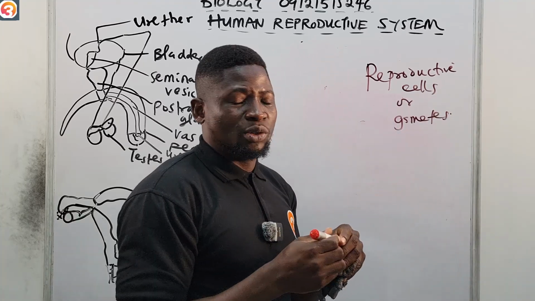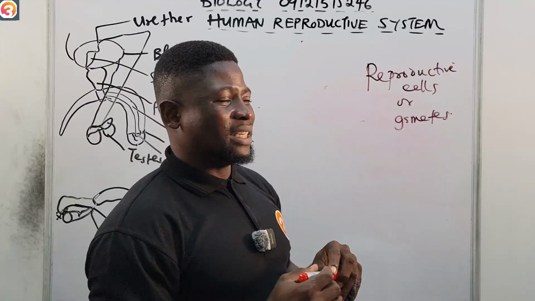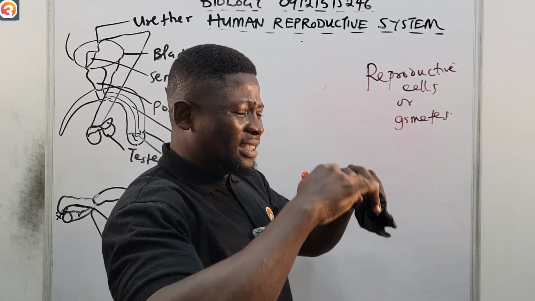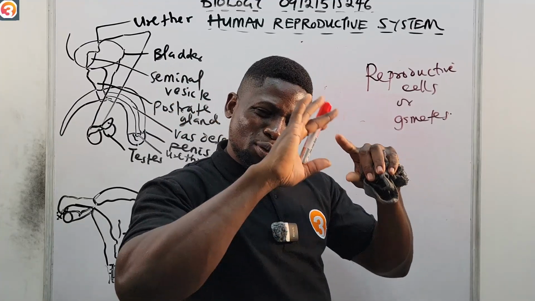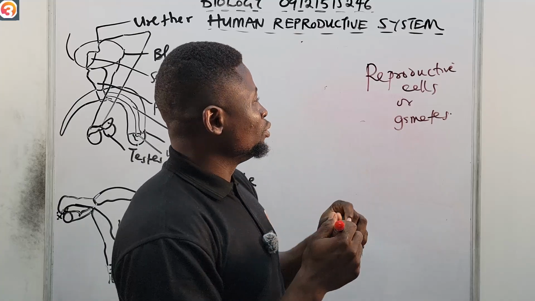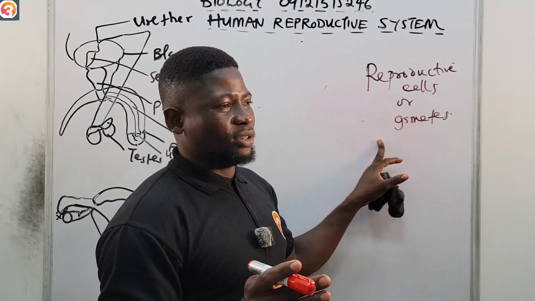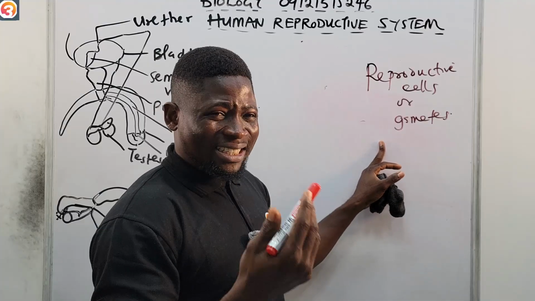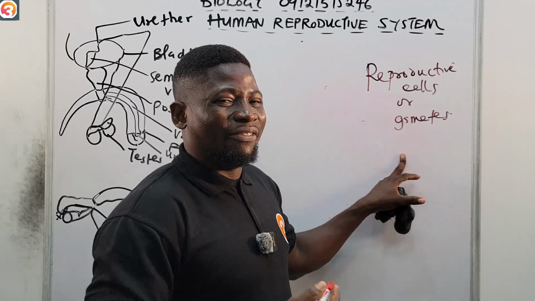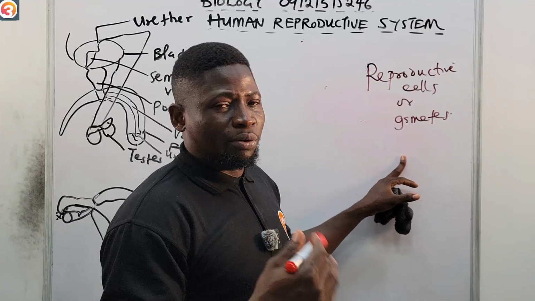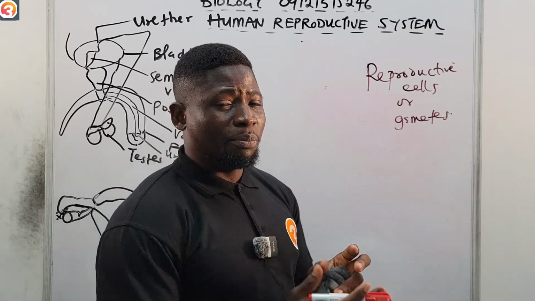So that is the reproductive system. It's a part of the body that has different organs that come together to facilitate the production of reproductive cells or gametes. In other words, it helps to facilitate reproduction.